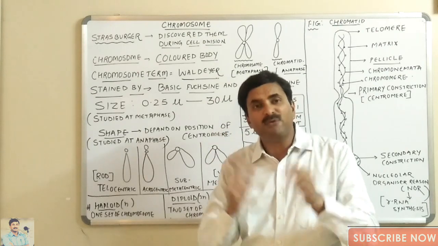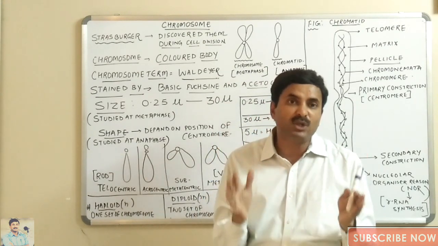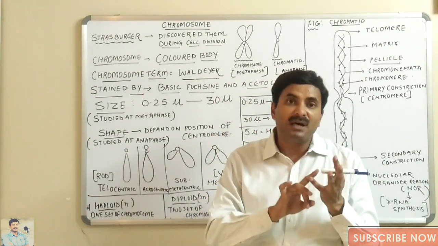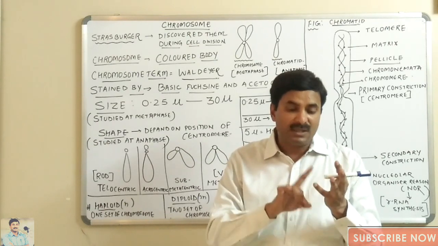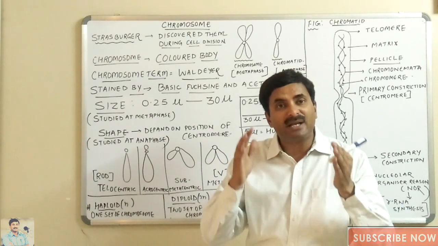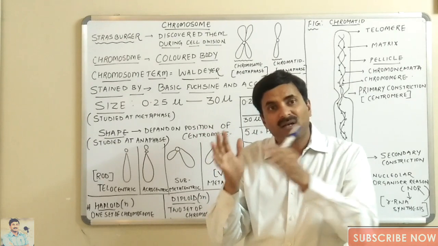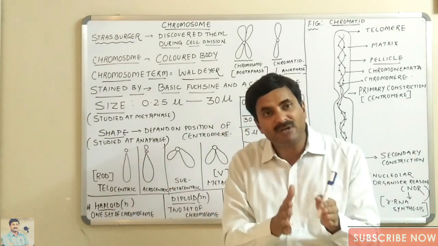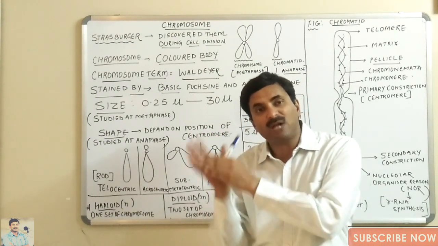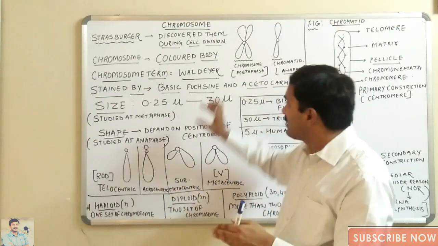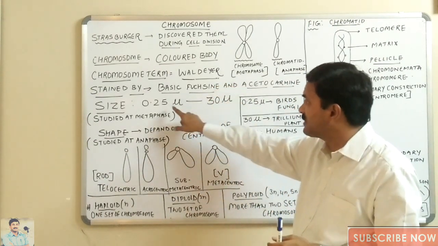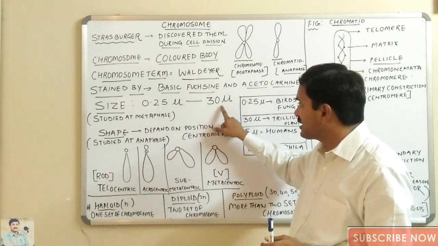But there are a few exceptions known as the giant chromosomes, say the polytene chromosomes and the lampbrush chromosomes. They have larger sizes, approximately from 800 micron to 2000 microns. They are called giant chromosomes. But normally the size of the chromosomes varies between 0.25 micron to 30 micron.